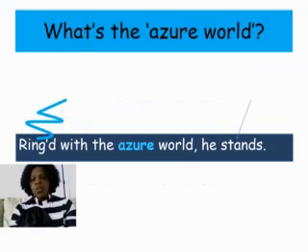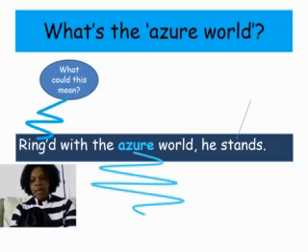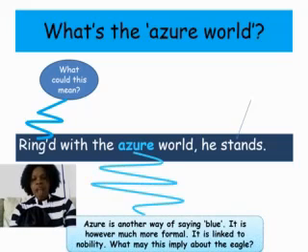What's the azure world? So we have ringed with azure world he stands, and you think about what could ringed, what could the poet mean by that? So azure is another way of saying blue, however it's more formal, and it's linked with nobility. And think about what this could imply about the eagle.